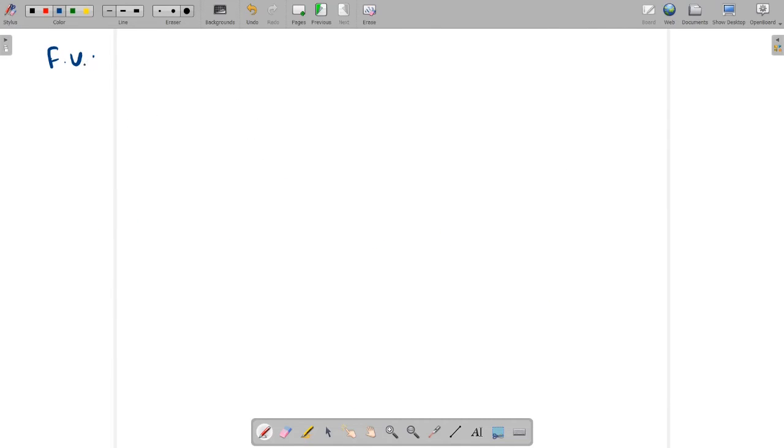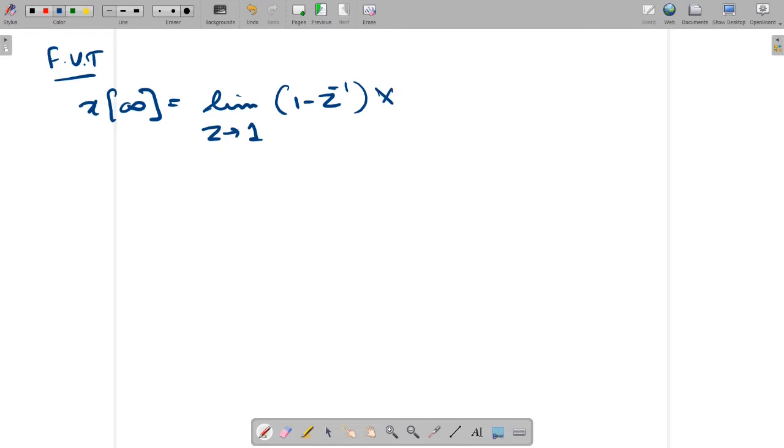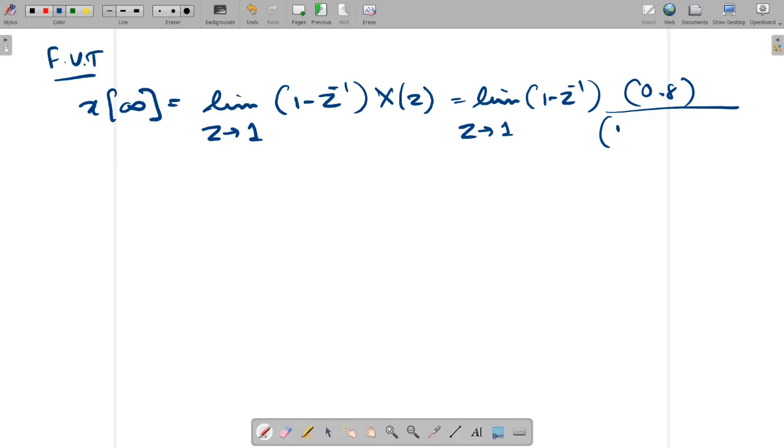Final value x of infinity is equal to limit z tends to 1 minus z inverse x of z, right? That is limit z tends to 1 minus z inverse. What is x of z? 0.8 upon 1 minus 1.8 z inverse plus 0.8 z minus 2.